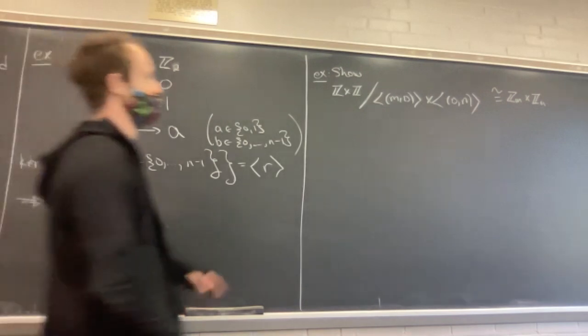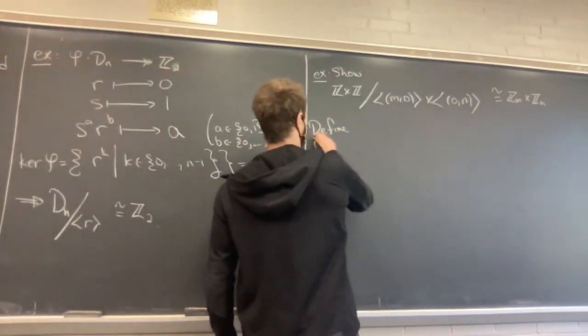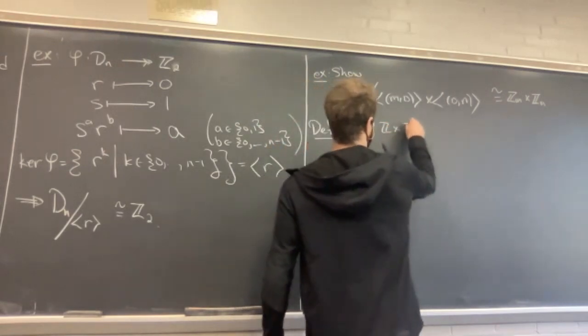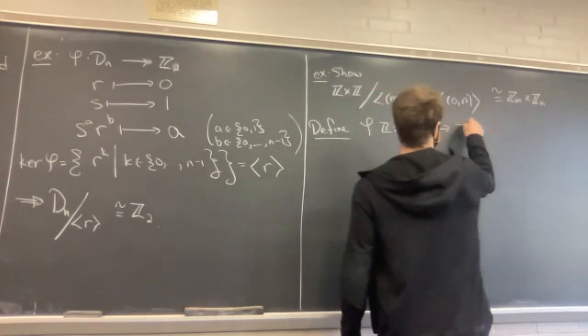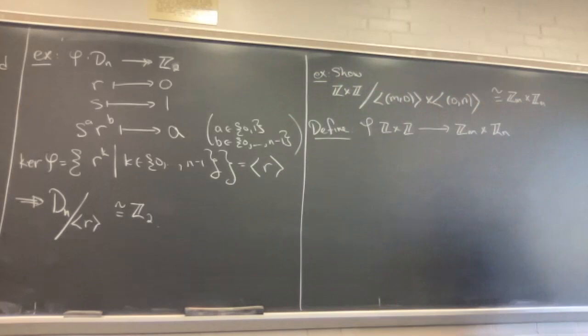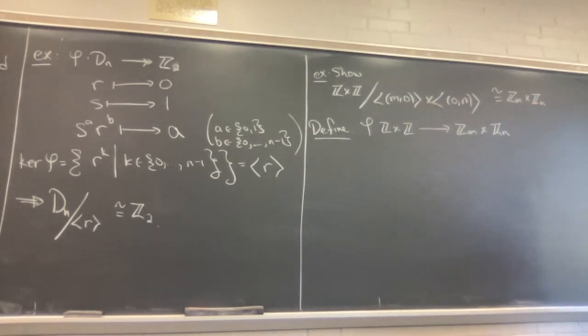So let's do that. We want to define some sort of homomorphism from Z cross Z to Zm cross Zn in a way so that the kernel of the homomorphism is this product of cyclic subgroups of Z cross Z. Okay, so how could we do that?